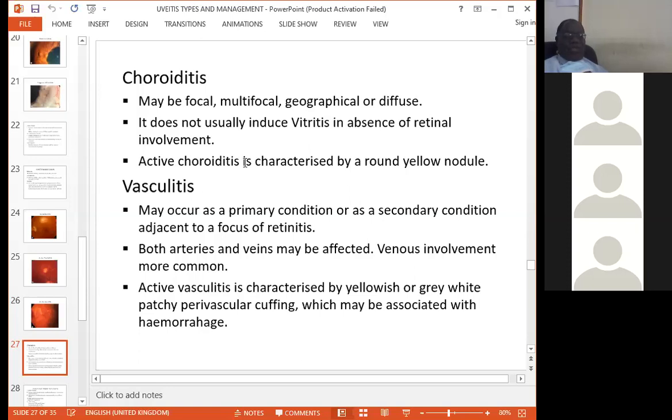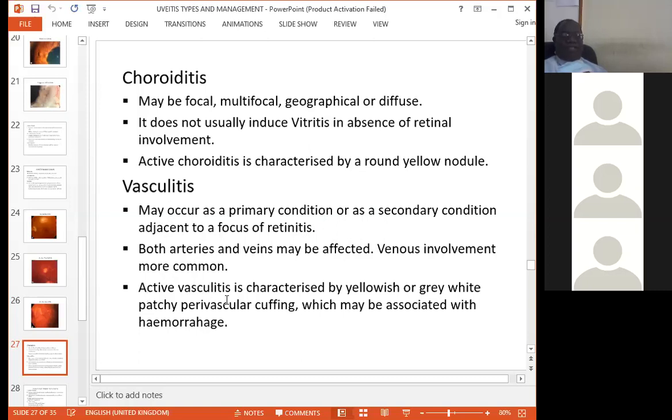Acute choroiditis is characterized by a round yellow nodule. Vasculitis may occur as a primary condition or as a secondary condition adjacent to a focus of retinitis. Both arteries and veins may be affected, and venous involvement is more common.